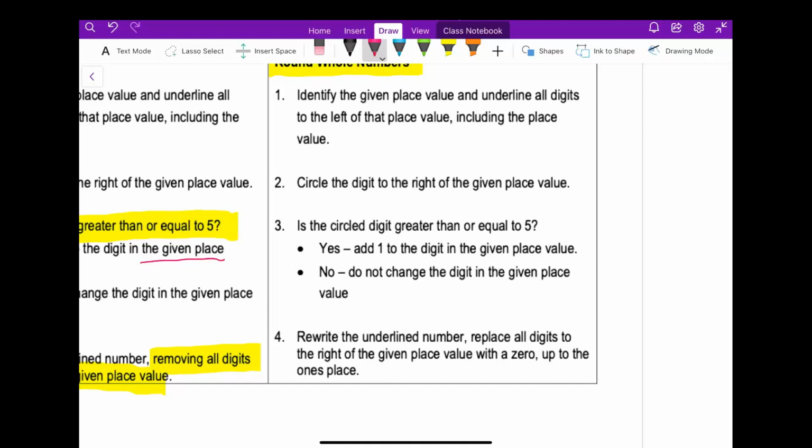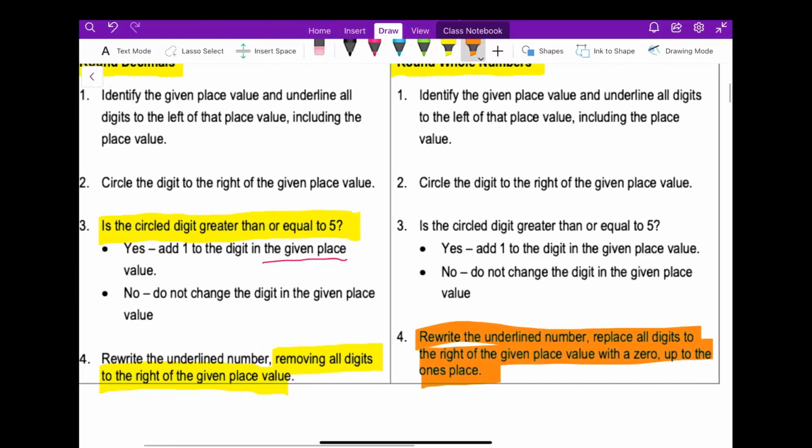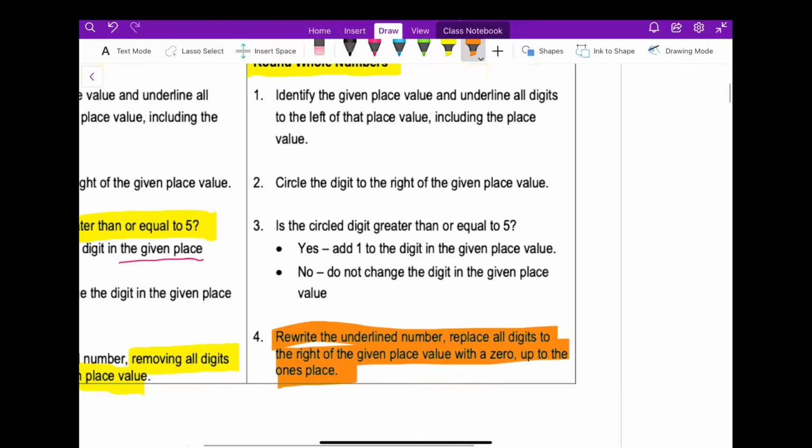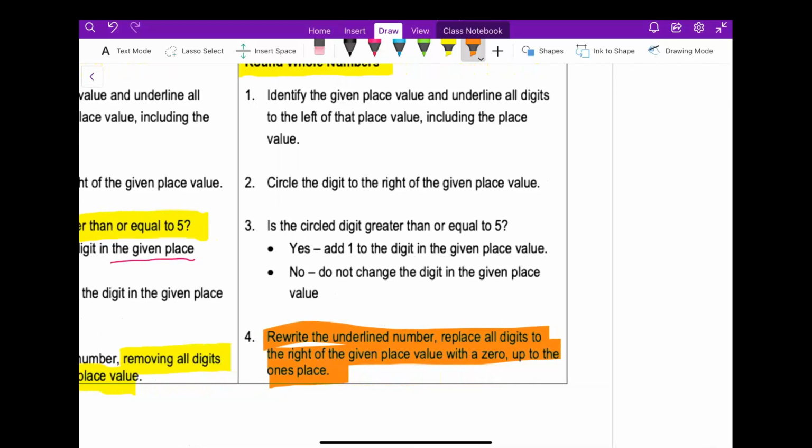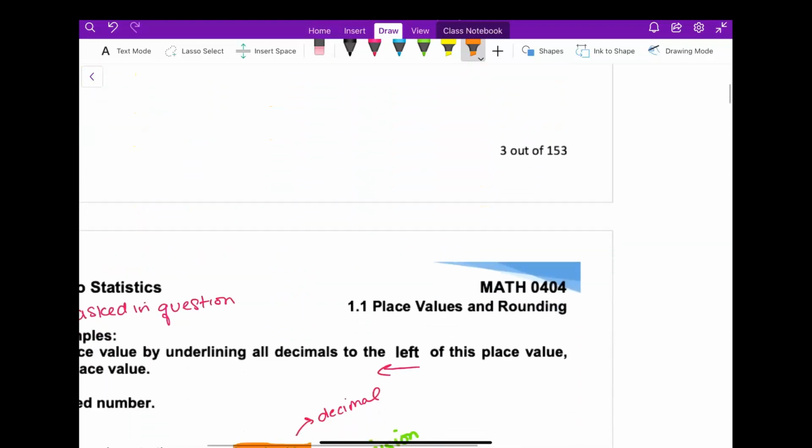We're going to replace all digits to the right of the given place value with a 0 up to the ones. So this is the big difference for us because before we were removing all digits. In whole numbers, we don't remove, we replace with zeros. Let's get started.